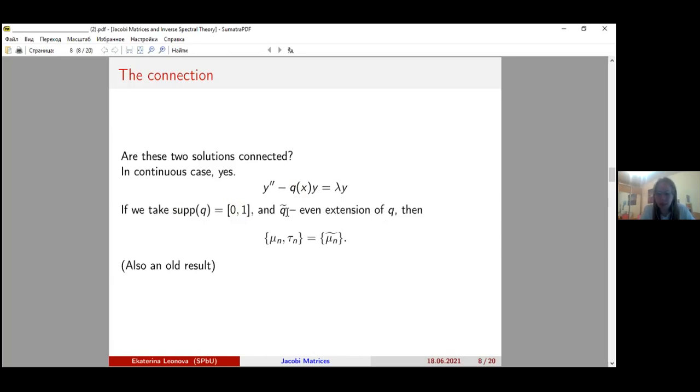And if we take an even extension of q, then we will find out that the eigenvalues of the even extension are both the eigenvalues and the special eigenvalues of the initial equation.